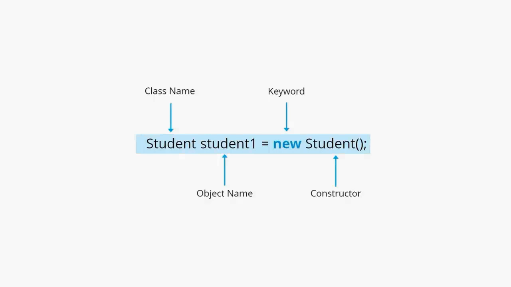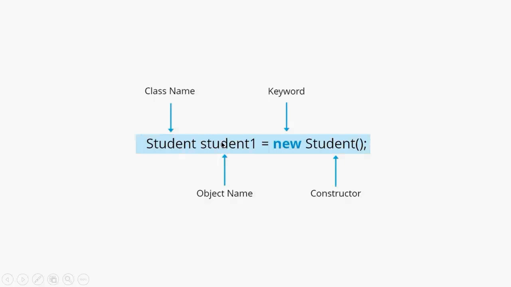So how do they look? Let us think we want to create a student object. Here is how it goes. This is the class name and this is the object name, or we call this a reference.